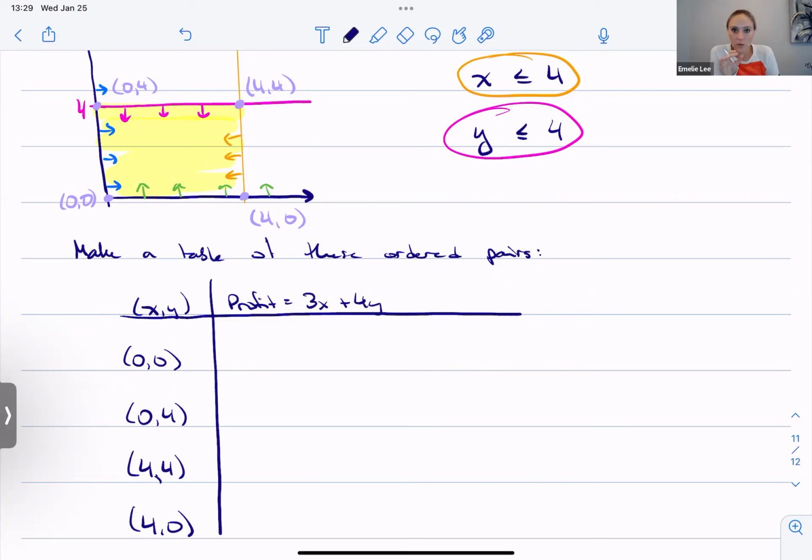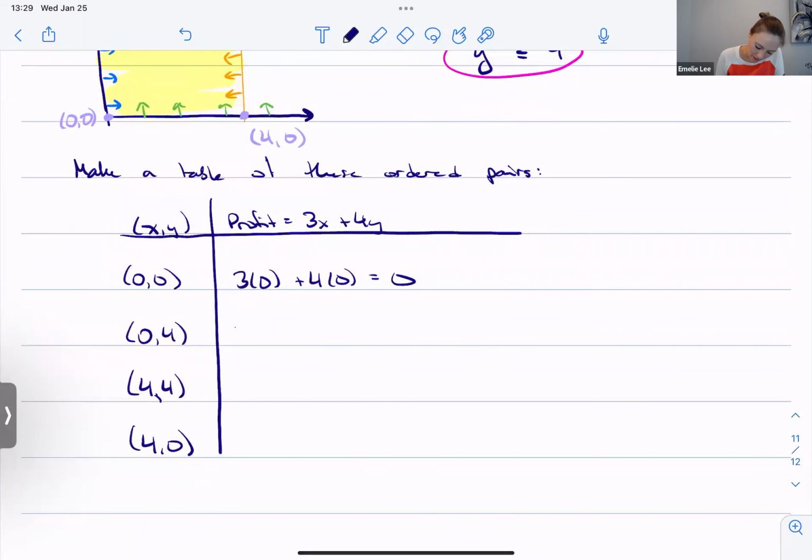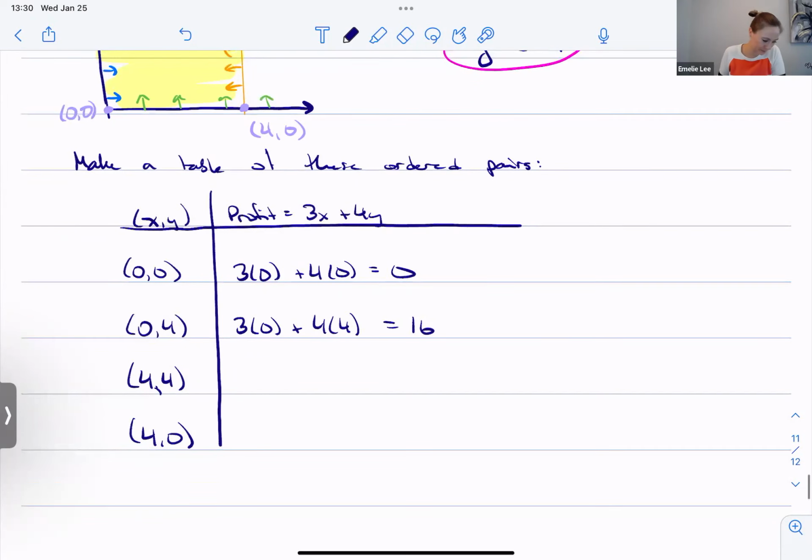So we work with the restrictions, and then we calculate the profit. 3 times 0 plus 4 times 0 is 0. It is an option for the profit, but I don't want it. How about 3 times 0 plus 4 times 4? That's 0 plus 16, which is 16. That's much better.